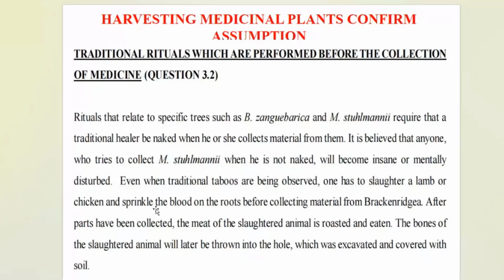And this was a question about the rituals which are performed before the collection of medicine. And that ritual shows that indeed people do interact with the natural environment. It is plants. It is like this.